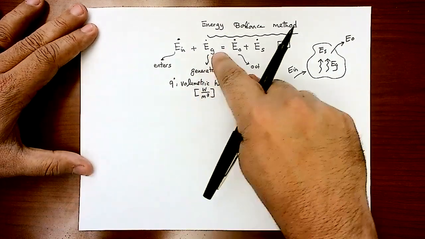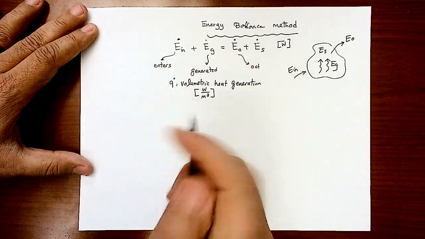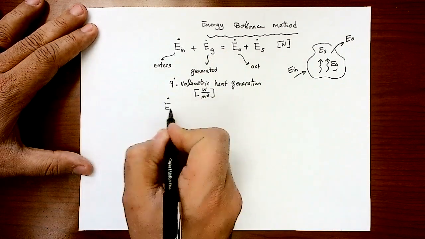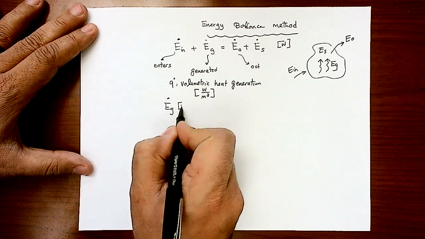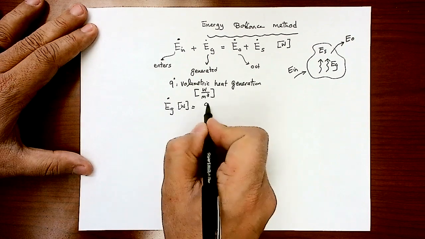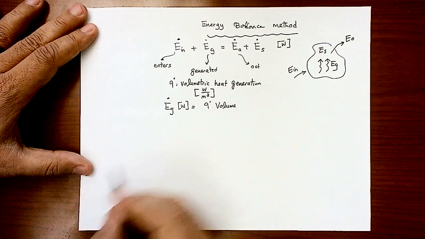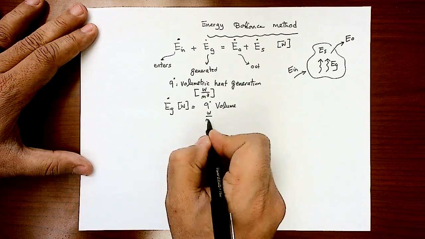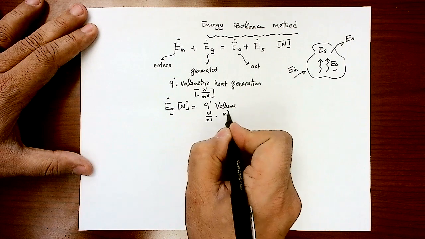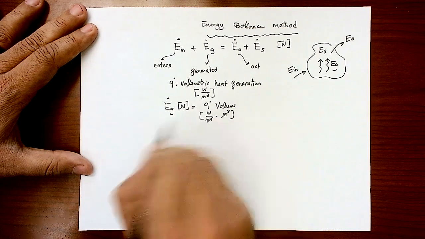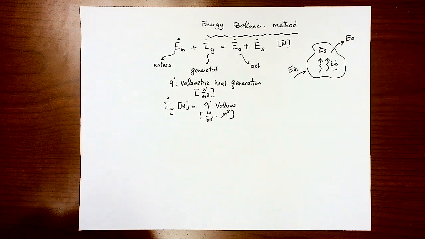So if you want to create E dot G out of the Q dot, the simple relationship is that E dot G, the capital one that has unit of watts, should equal Q dot times the volume of your body, right? So that's watt per meter cubed times meter cubed. You end up having homogeneous units for both sides of the equation, correct?